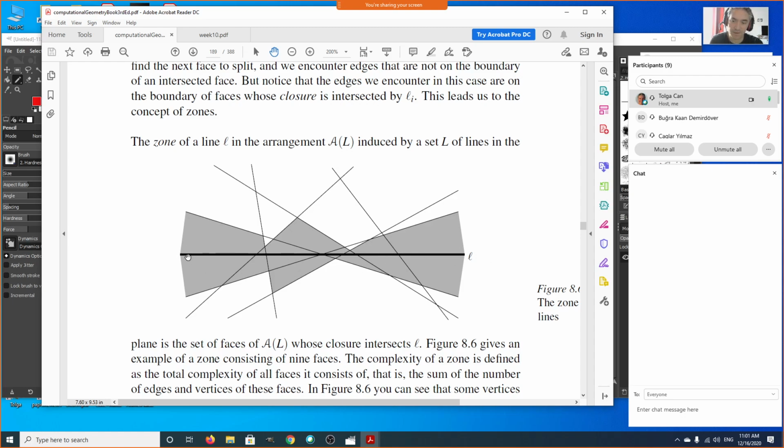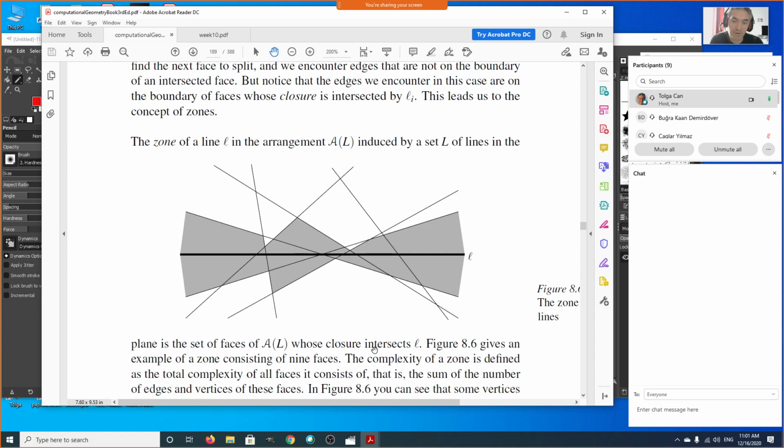When you insert a line parallel to the x-axis, this is what the proof uses. But for any line, the zone is the union of all regions, faces, edges, and vertices that the line interacts with or is going to affect. This is the part of the doubly connected edge list that we need to modify.